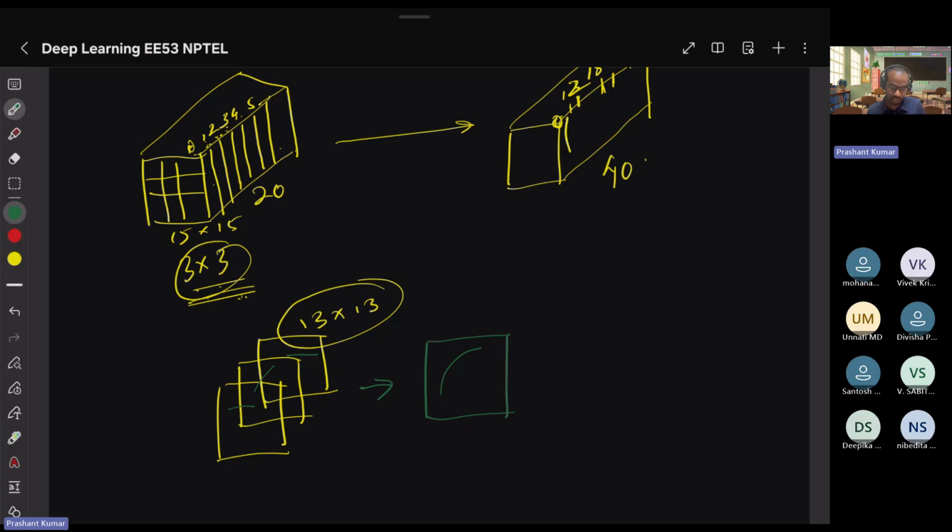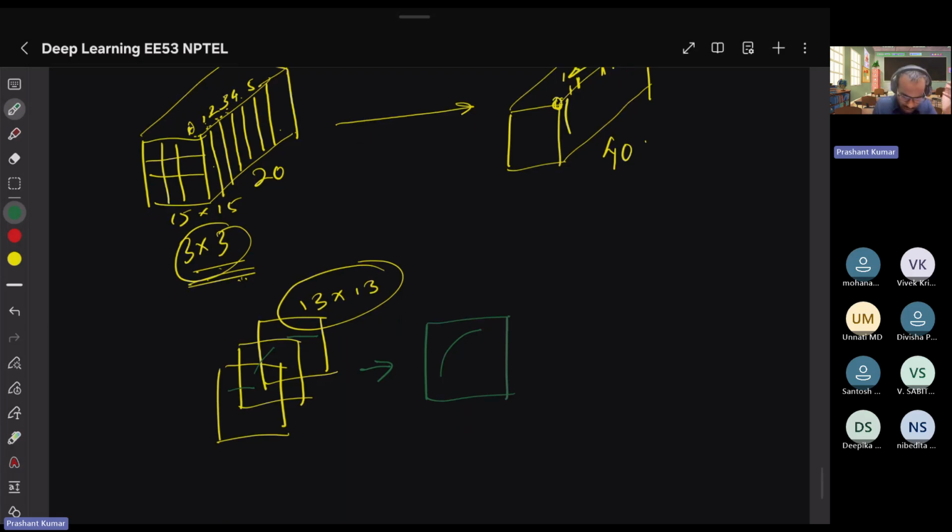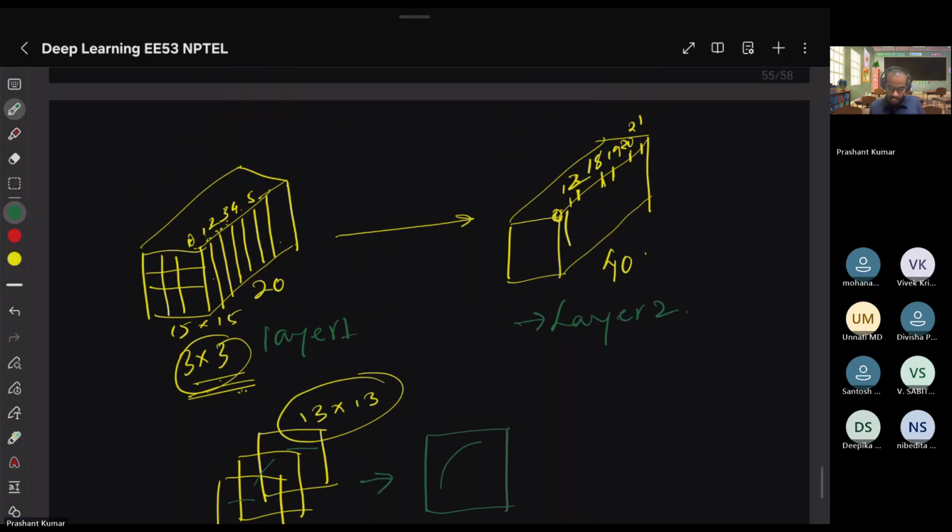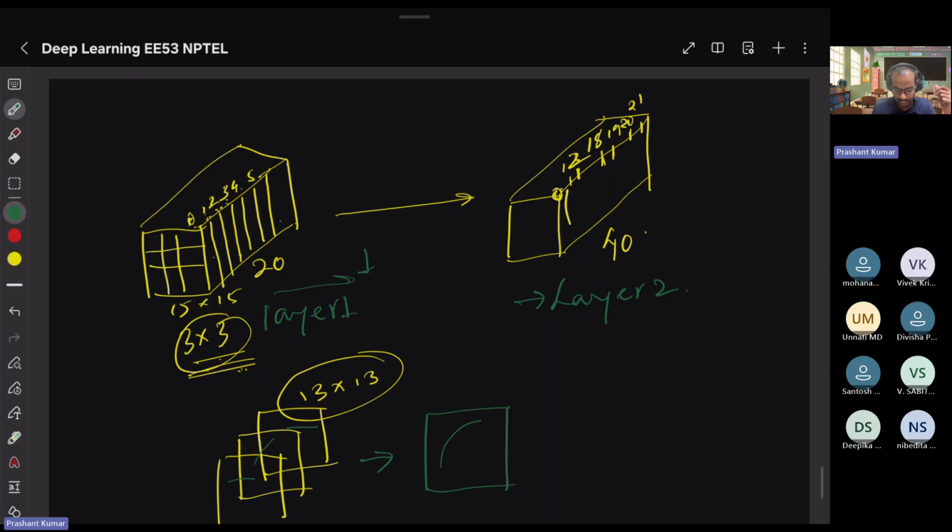That comes to another conclusion, that this was, let's say, layer 1 and this was layer 2. As we are moving deeper into the layers, we are trying to create the features more smoother and more visible to us. So you can say that in the first layer we're trying to create the edge.